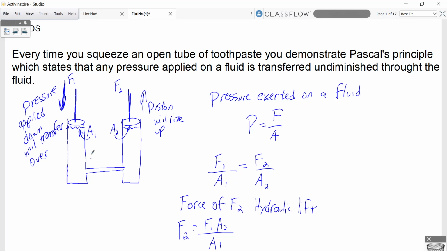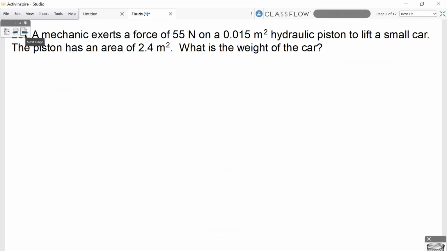So here we have these two different containers, so we're setting them equal to each other if we want to figure out the force or the area of one or the other. So just to give an example here, let me go ahead and write down our first example here.